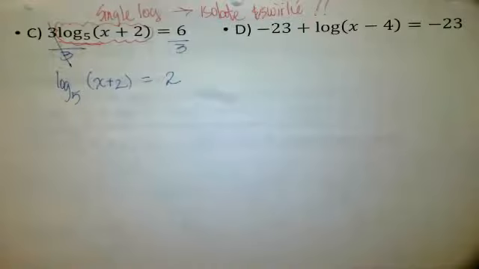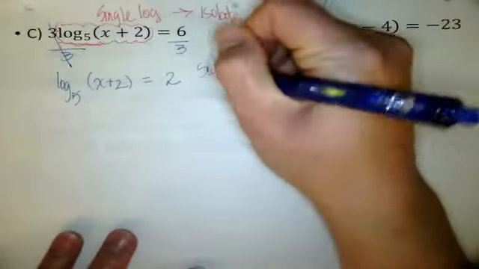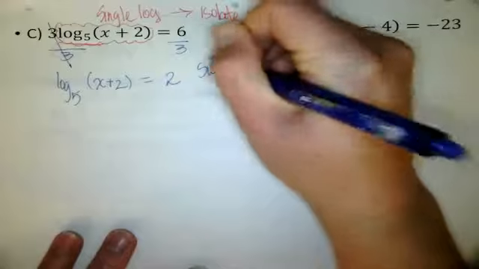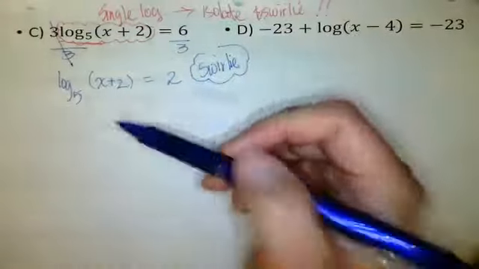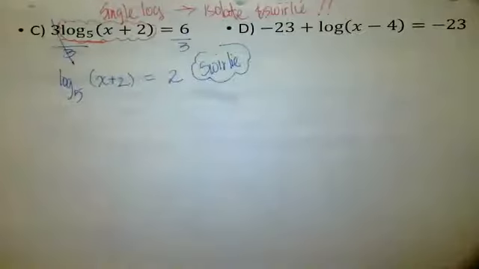Now, we do not have the one-to-one property. Ladies and gentlemen, how do you drop a log? Swirly. See how that phrase just keeps coming back? We have the log isolated. To solve it, we have to put it in exponential form, or exponentiate it.